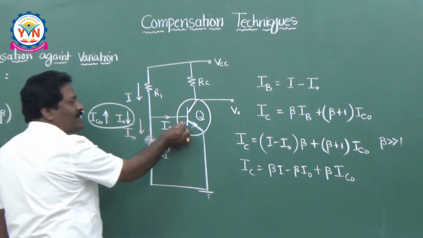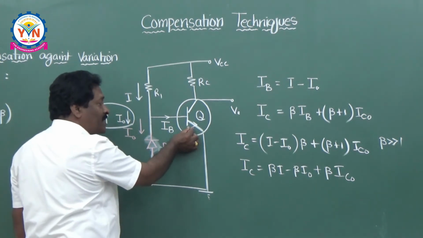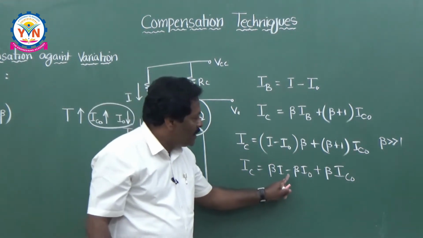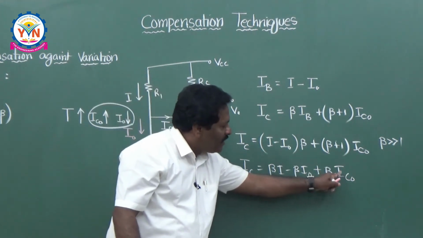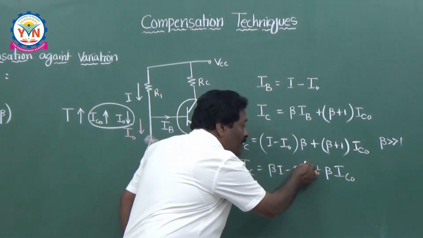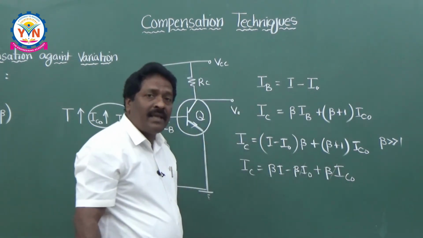The change of this IC naught can be compensated by the change of the diode current in the reverse direction. That's why here you can say minus beta I naught plus beta IC naught, almost all they can track each other. They will be almost all equal because of the same material.